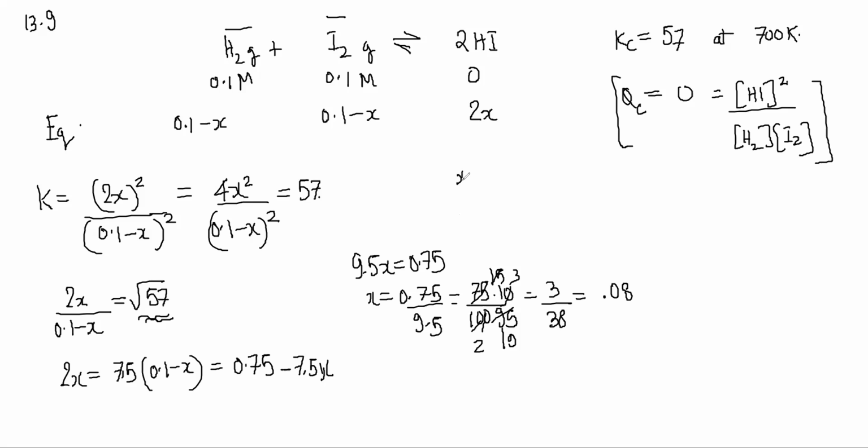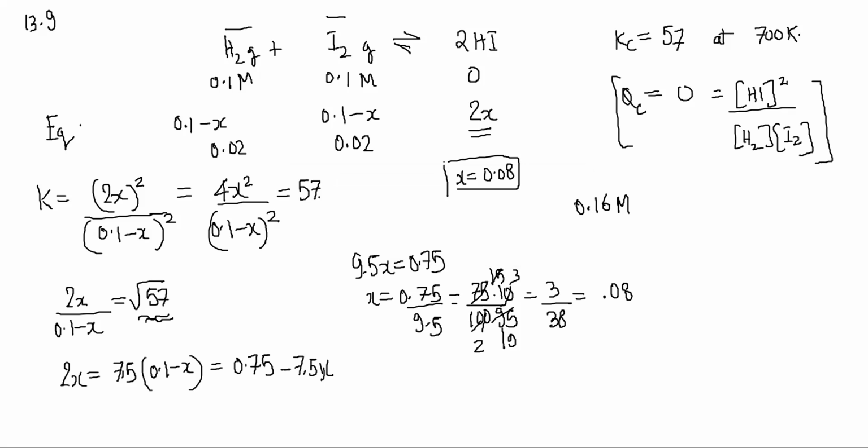X is equal to almost 0.08. So that is my approximate amounts that will be there. So this will be 0.16 molar, and this will be 0.02 and 0.02 almost. Maybe there are some calculation mistakes, but mostly it should be close to this.